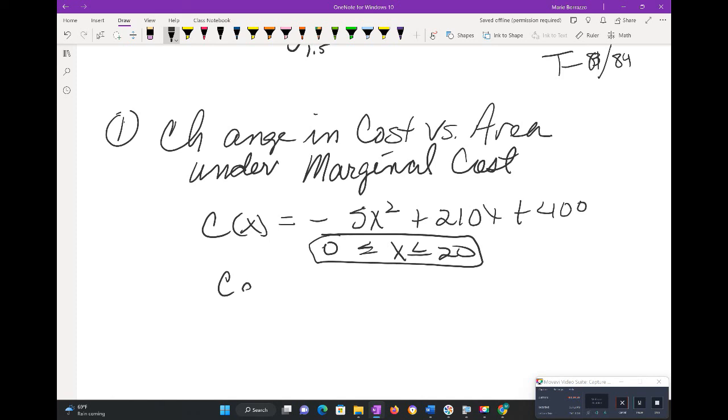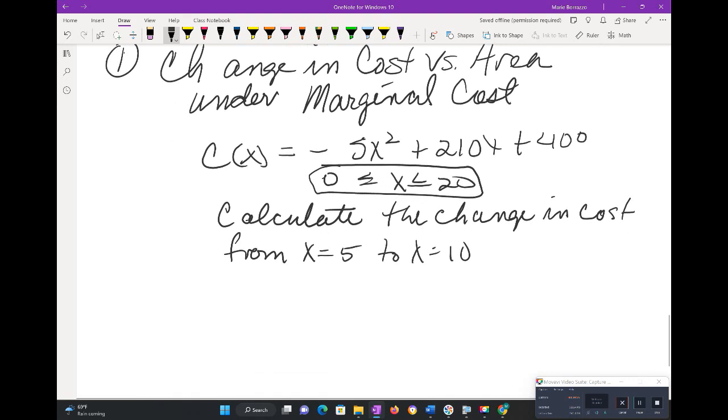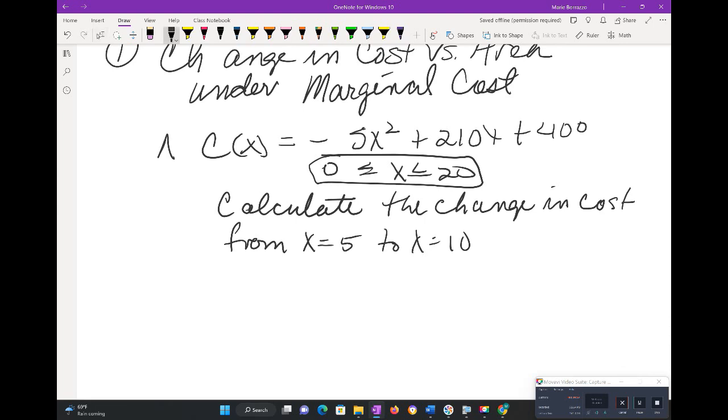Calculate, based on this, the change in cost from x equals 5 to x equals 10. So to do this, quite simply, and this will be part A, I mean, we could use Desmos if you wish.